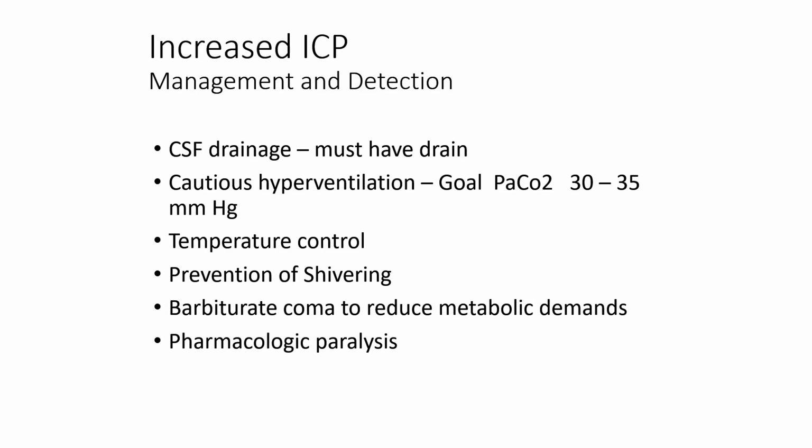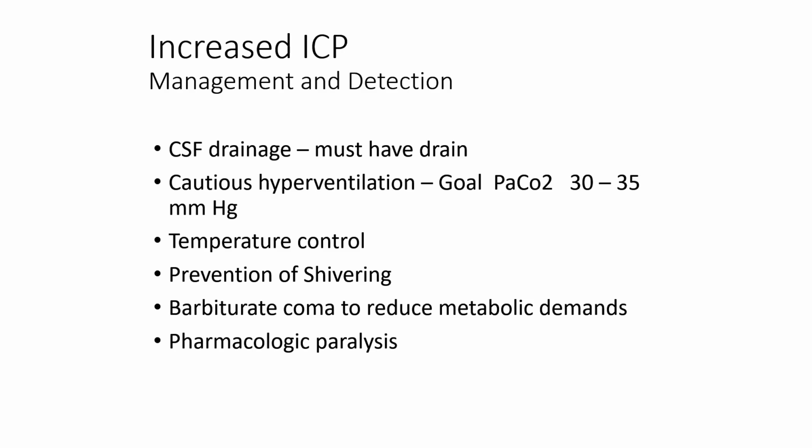Temperature control in these patients is also very important. Because of the area of the brain that may be affected, they may have an increased temperature or a decreased temperature. We want to keep them as close to a normal body temperature as possible.